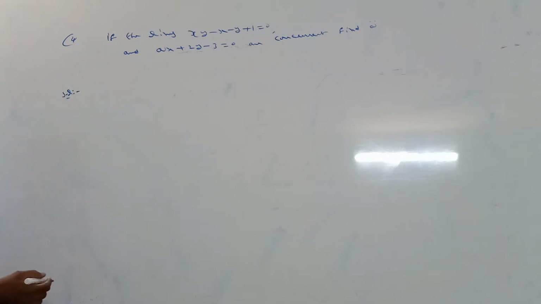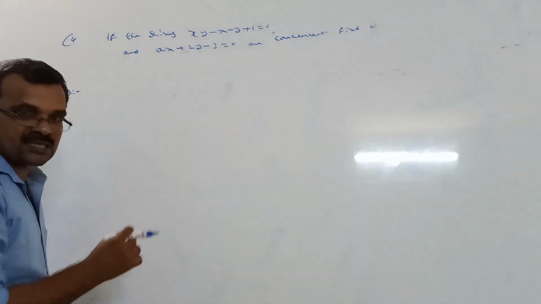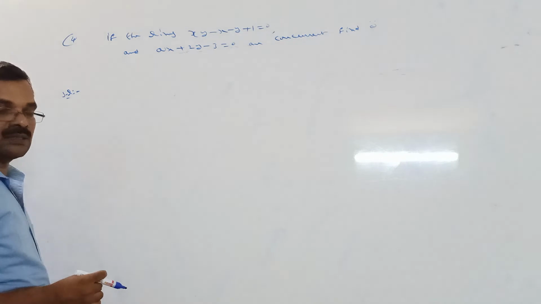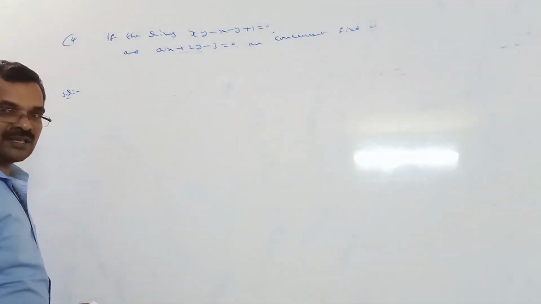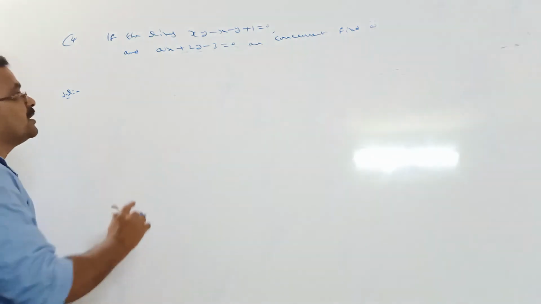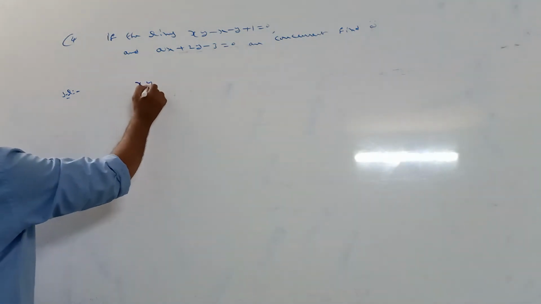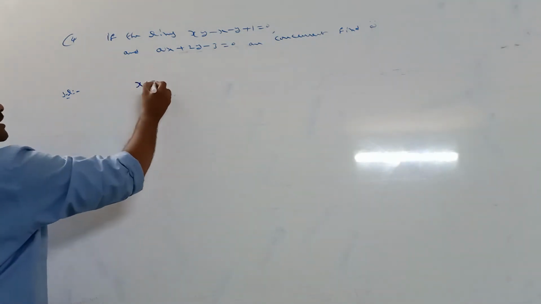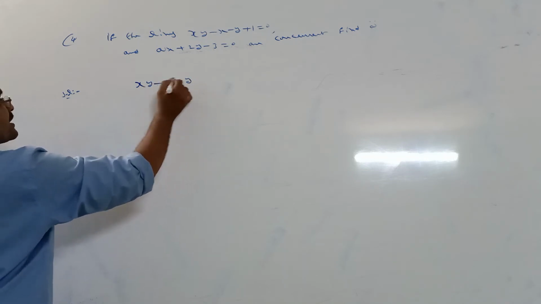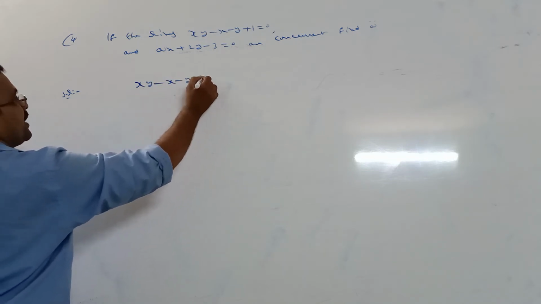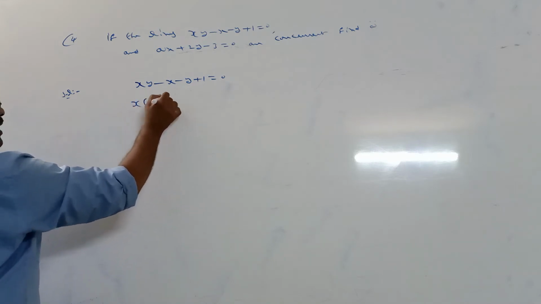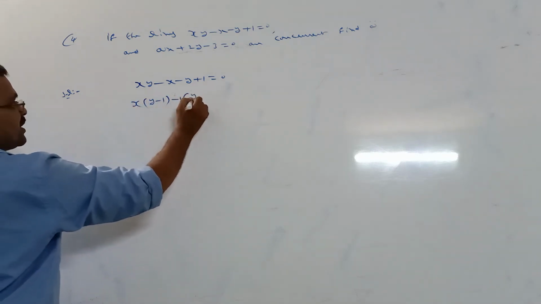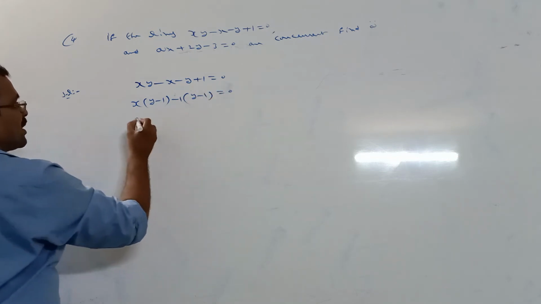Concurrent means two or more lines passing through the same point. The lines are concurrent. Here I am finding the point of intersection of the pair of lines xy minus x minus y plus 1 equal to 0. So x take common, y minus 1, minus 1 take common, y minus 1.